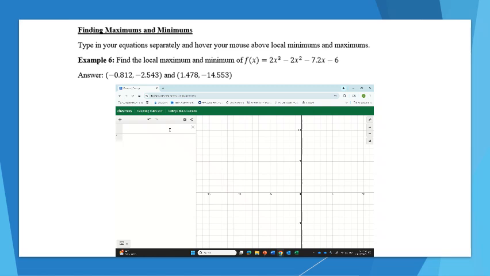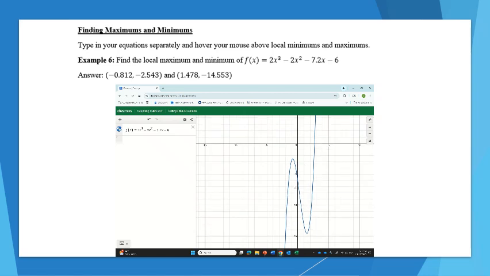So for example 6, we want to find our local maximum and minimum of f of x equals 2x cubed minus 2x squared minus 7.2x minus 6. And so here we need to move the graph around, so we'll just scroll down a little bit, and then we can find a local maximum if you hover over that, and a local minimum here, hovering over those 2 points.